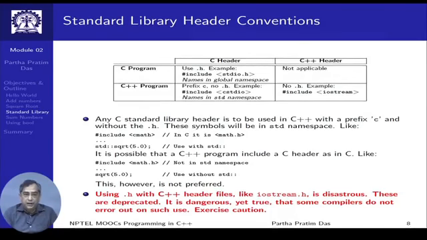If you are writing a C++ program and including a C standard library header, then as I have mentioned, you will need to prefix the C standard library name with a c. So, stdio.h now becomes cstdio, and you will have to drop the .h from the name, and all of these symbols from the C standard library now get into the std namespace and will have to be prefixed with std::.